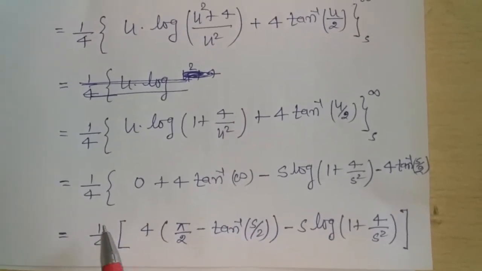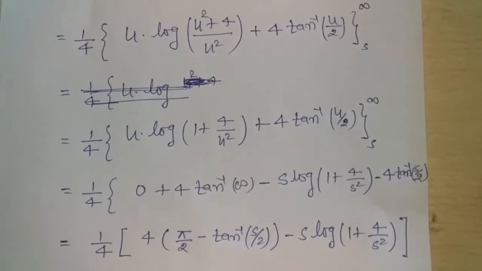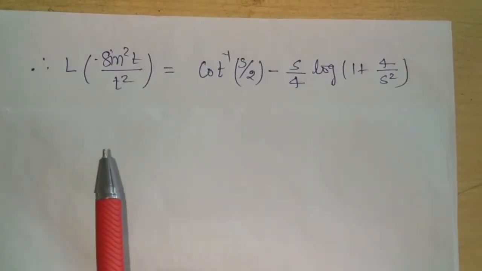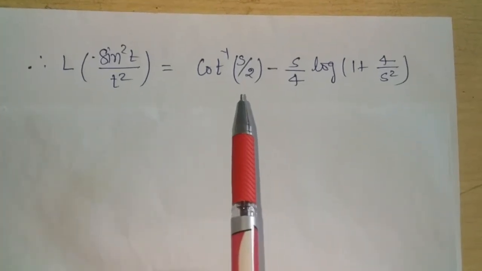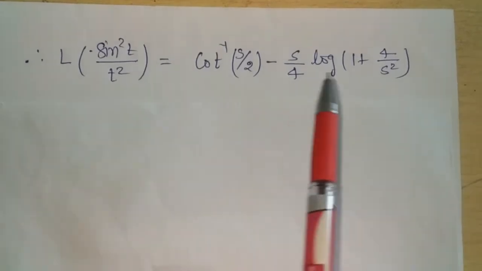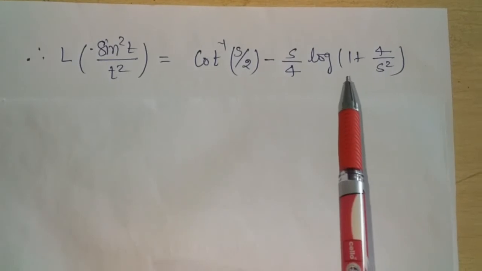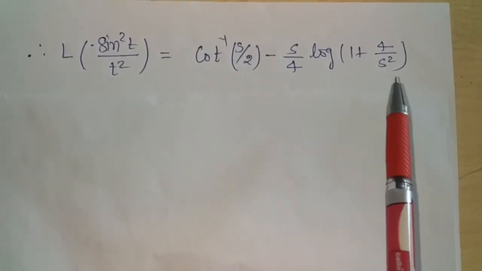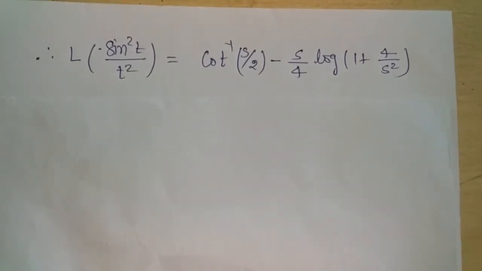We multiply this 1/4 with these terms, and we get the Laplace transform of sin² t / t² is cot inverse (s/2) minus (s/4) log(1 + 4/s²). So this is the Laplace transform of sin² t / t².